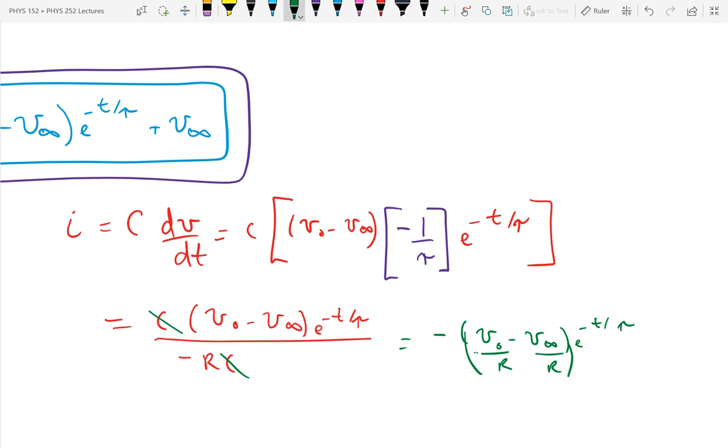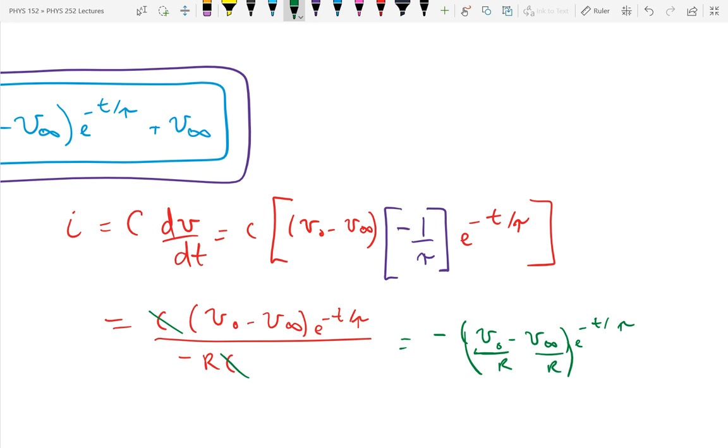So once again, we found the voltage and current. Wait, where did the negative come from? This was minus 1 over tau, and tau is RC. The minus is from that minus 1 over tau.